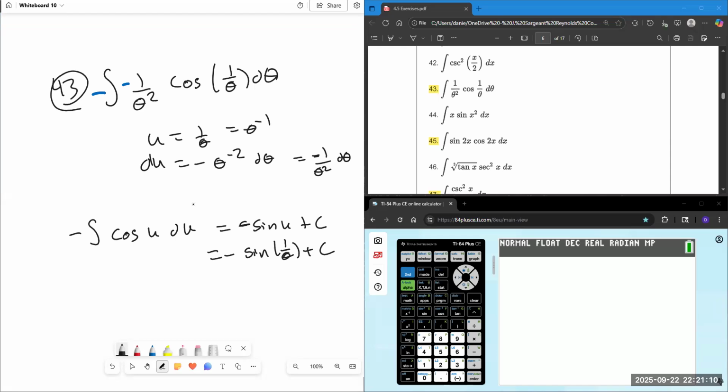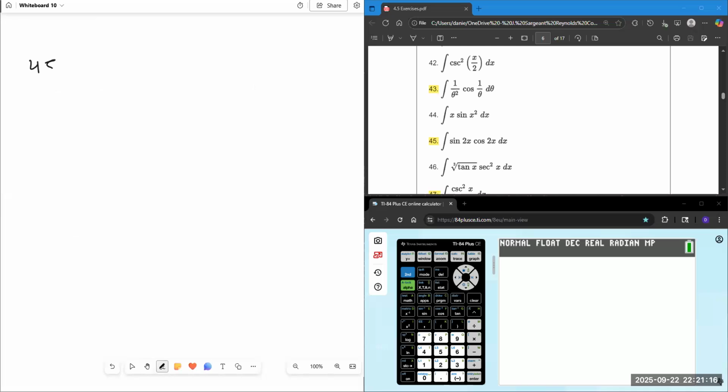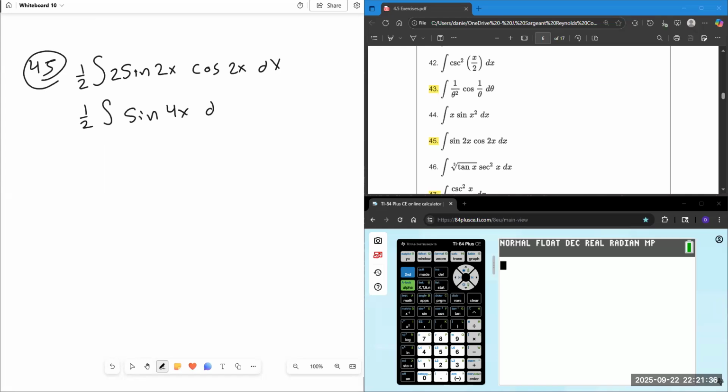Move on now to number 45. 45 says the integral of sine 2x cosine 2x dx. There are several different ways to do this. I actually want to simplify this first. Do a 2 and a 1/2 to make this 1/2 integral of sine 4x dx, and then my u is going to be 4x. My du will be 4 dx, so this is a 4 and a 1/4 out here.